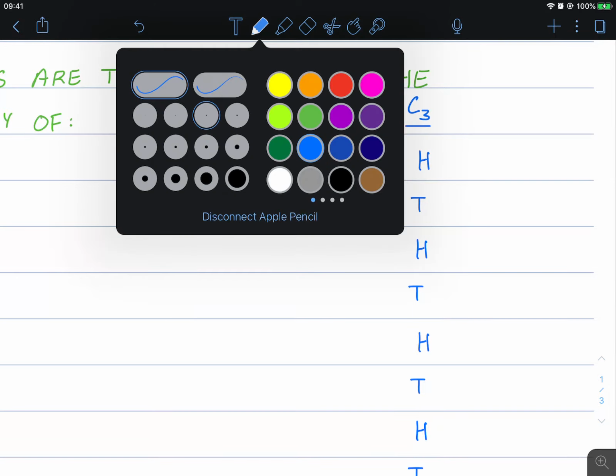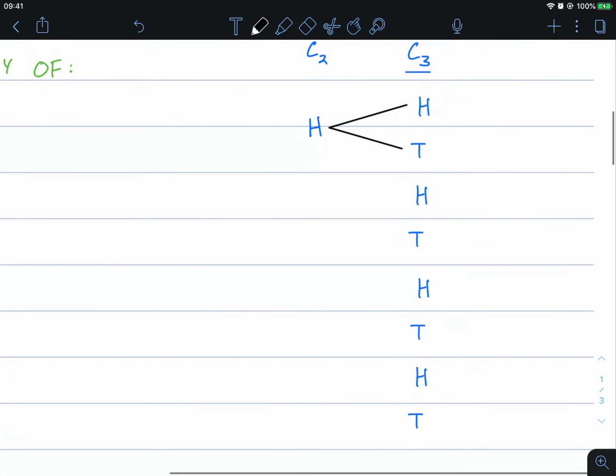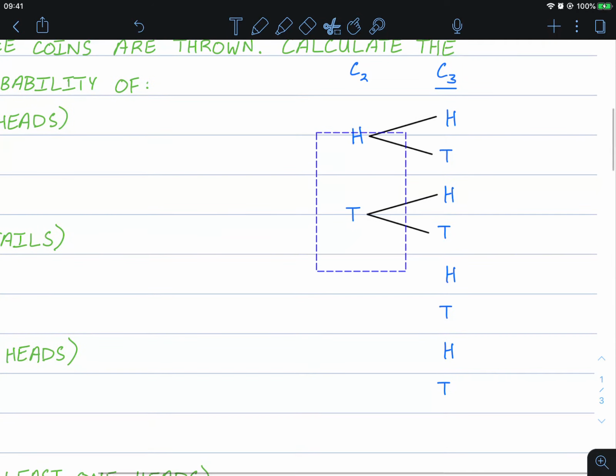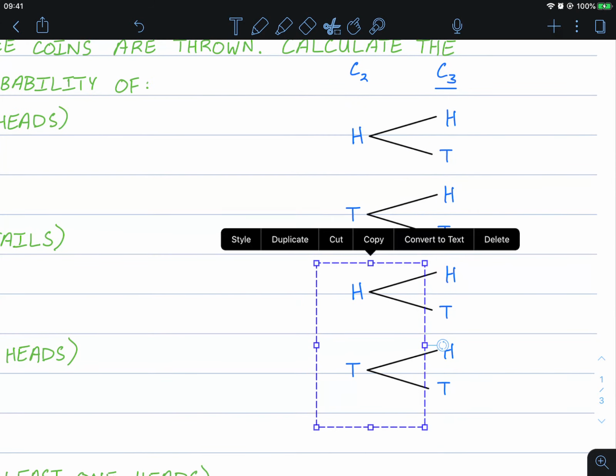But from this, we can branch to heads and to tails. The second coin could also be tails, which also branches off to heads or tails. And this will repeat for all of them, like so.